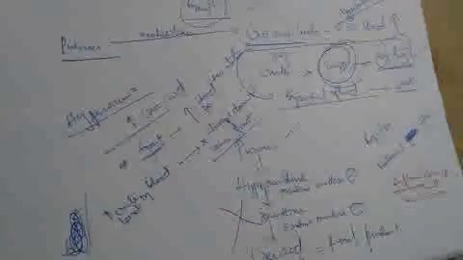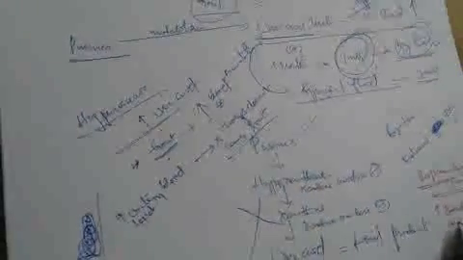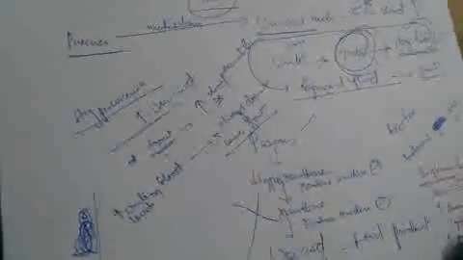Whenever there is inflammation, there are increased levels of prostaglandins, cytokines, and increased WBCs in the blood.